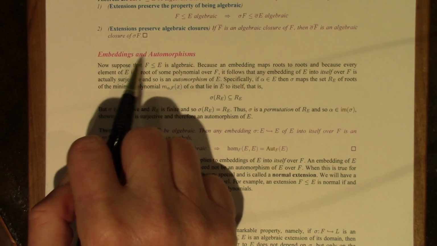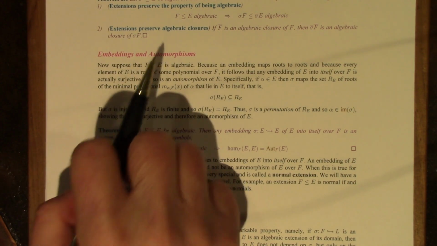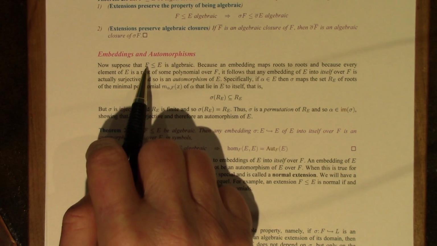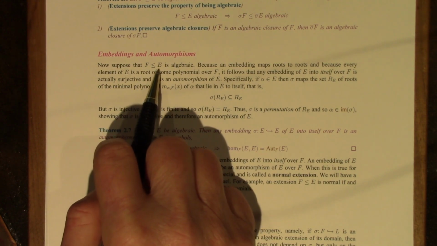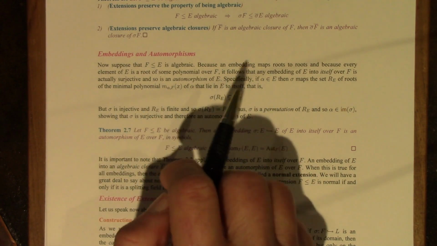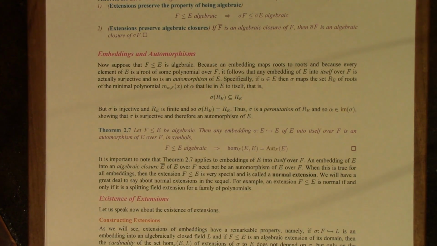Embeddings are related to automorphisms. Suppose that E over F is an algebraic extension. An embedding, as we at least discussed, maps roots to roots.